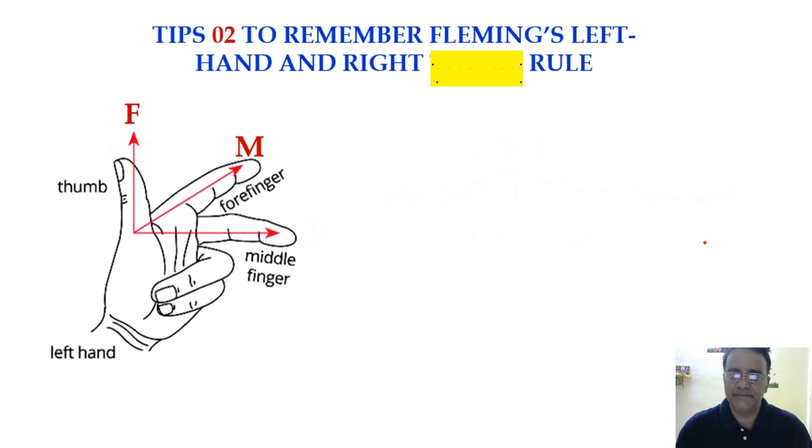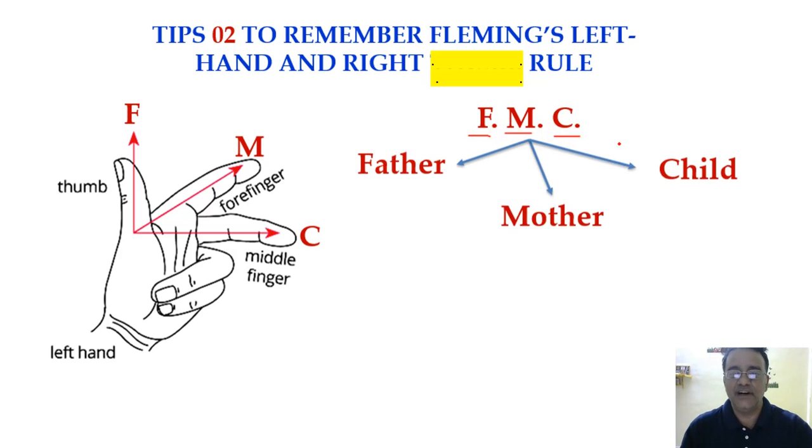Now second tip. FMC, it's a very easy tip. Father, mother, child. Now F for force, M for magnetic field, and C for current.